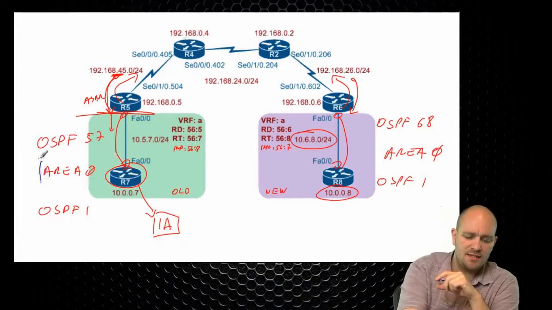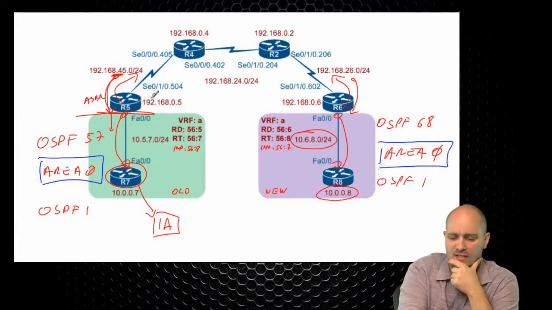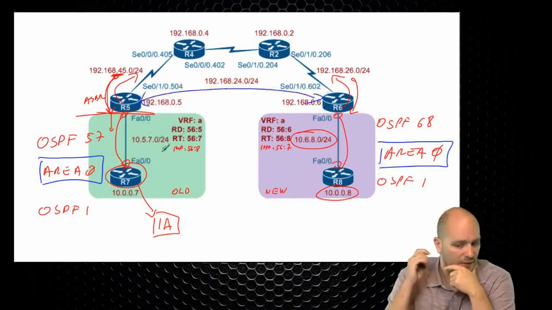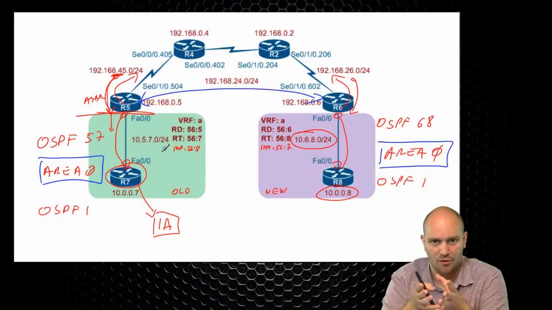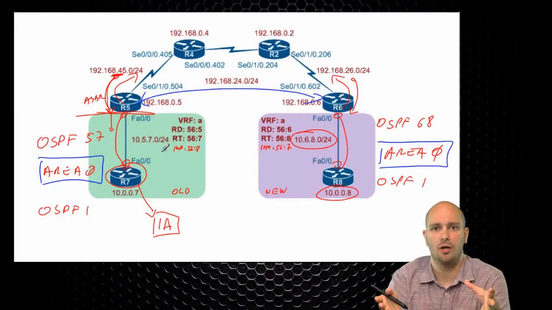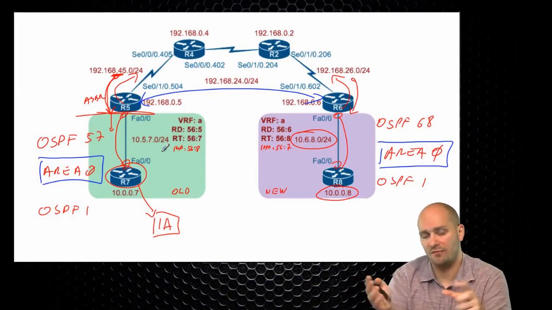One is this is area 0 and this is area 0. If I ran, let's say, a tunnel or something in between them, the best thing that I can do is make them intra-area routes. But how can I have a divided area 0? Well, you cannot have that in traditional OSPF, where all areas must connect to area 0.